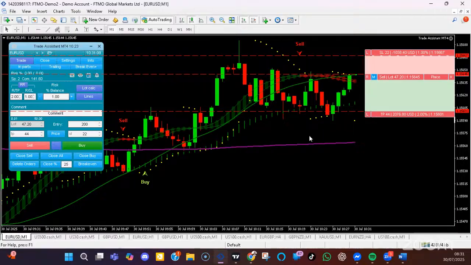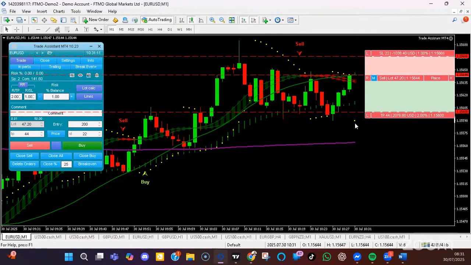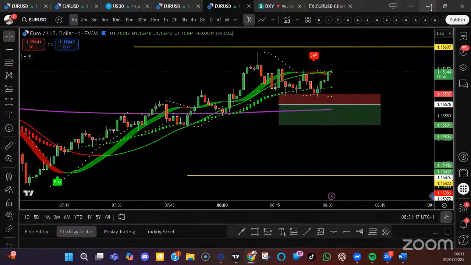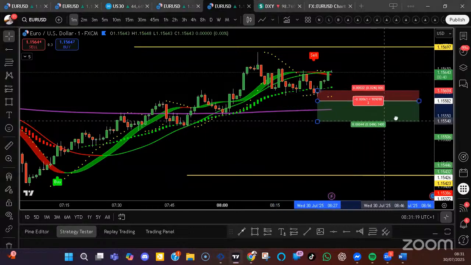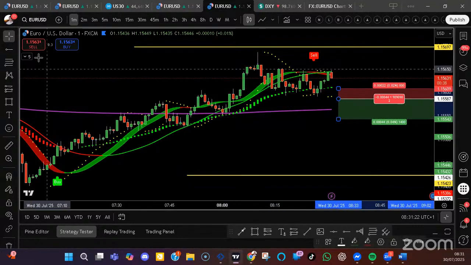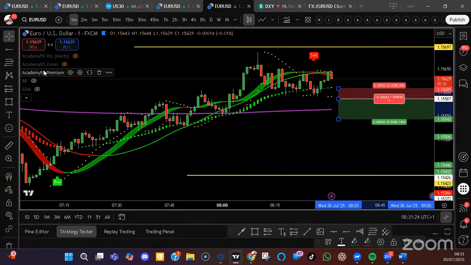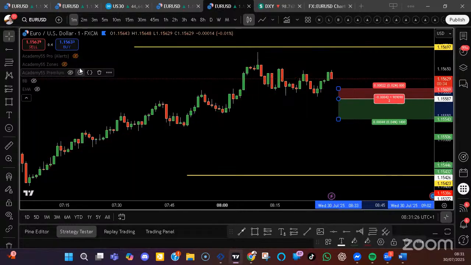So price has at least got to get down to here. If it was to, we could have a bit of a sell-off. So I'm going to take that off. This is the scenario. I'm going to have a look at the 5 minute.